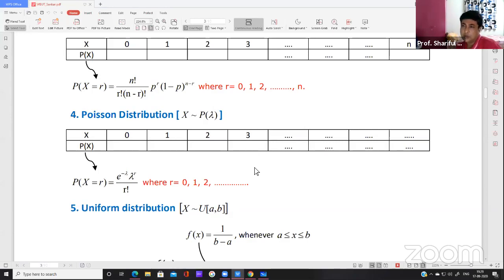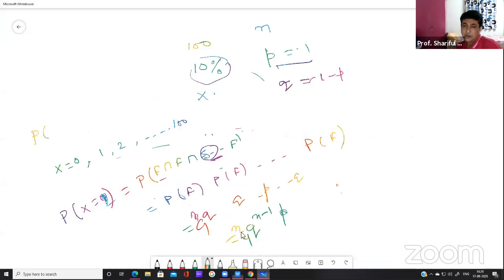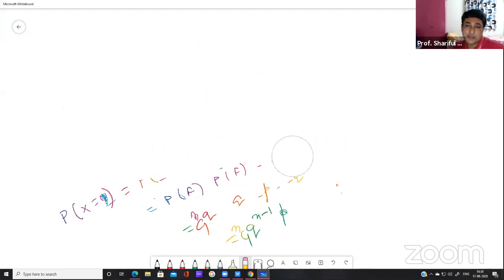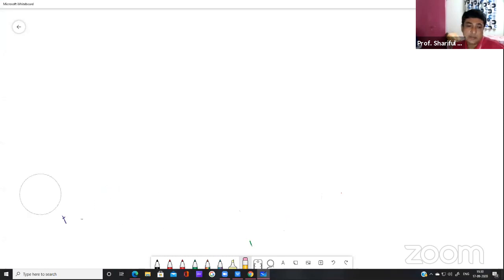Now, in the continuous case, suppose X is a random variable which takes any value between 0 and 1.